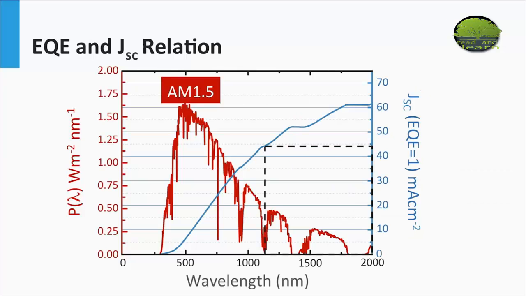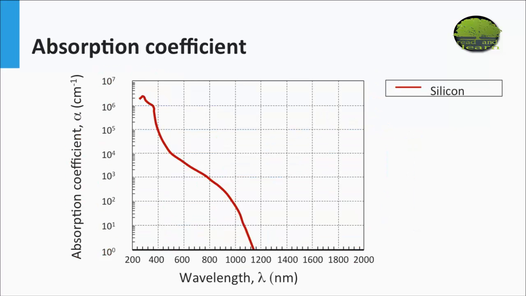Let's consider the design rules for solar cells as introduced in week 3. Let's start with spectral utilization. A band gap of 1.12 electron volts means that in theory we can generate a maximum short circuit current density of 45 milliamps per square centimeter using crystalline silicon. Let's consider the third design rule, light trapping.